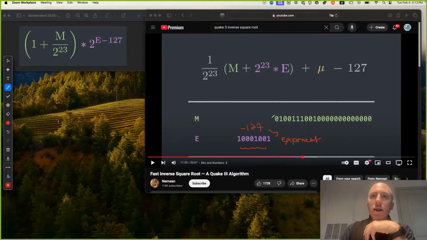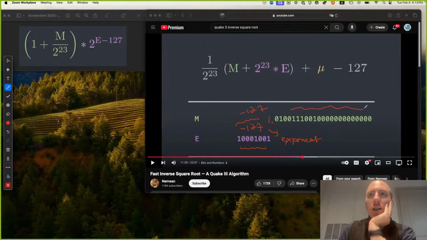And this is the 1 point whatever representation. How do you get the actual exponent? You subtract this by 127.